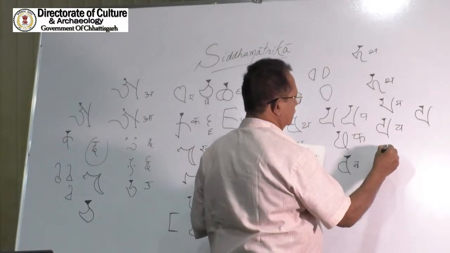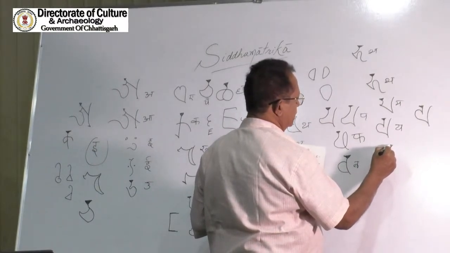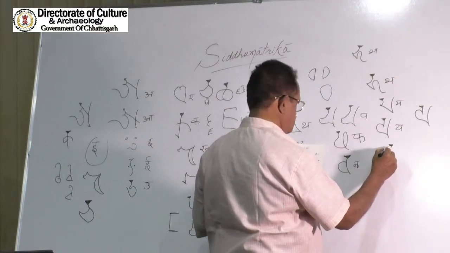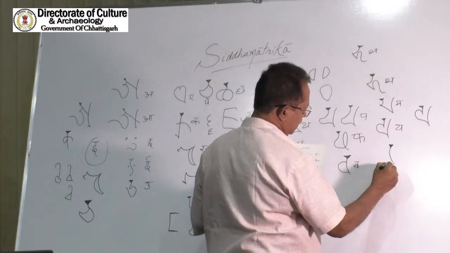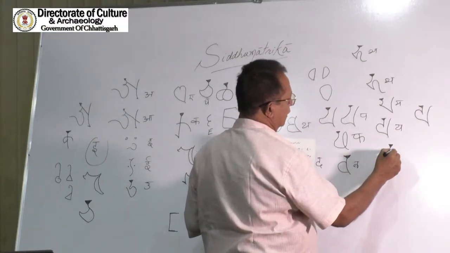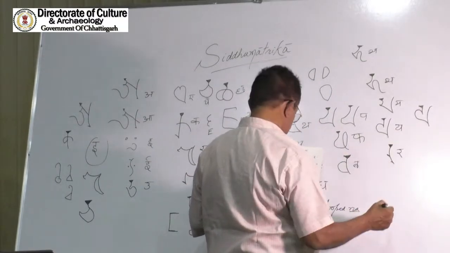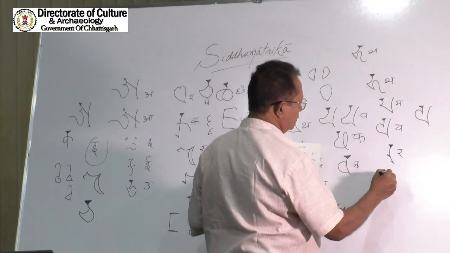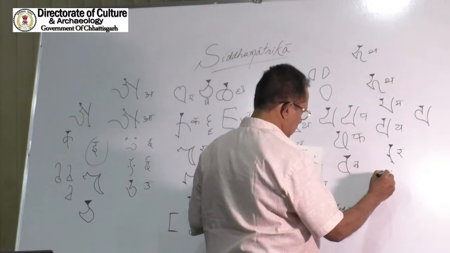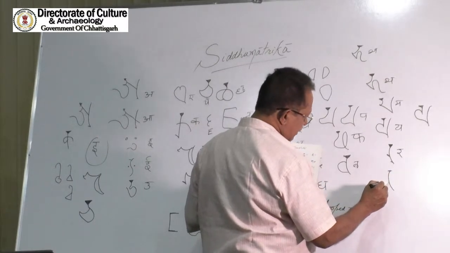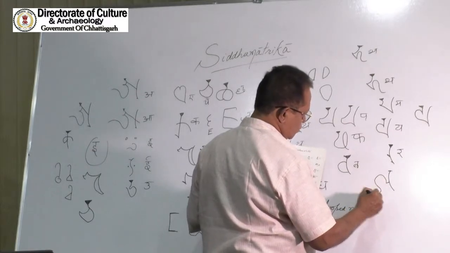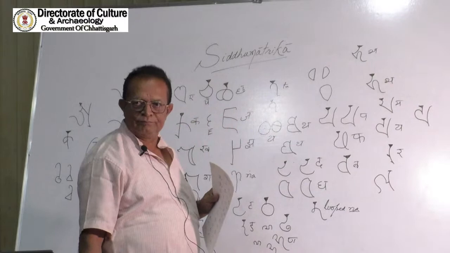Ra is one stroke. Sometimes it will be open notch type with a footmark. Here this ornamentation, just ya, ra. La, simple stroke, one curve like this, then you la.